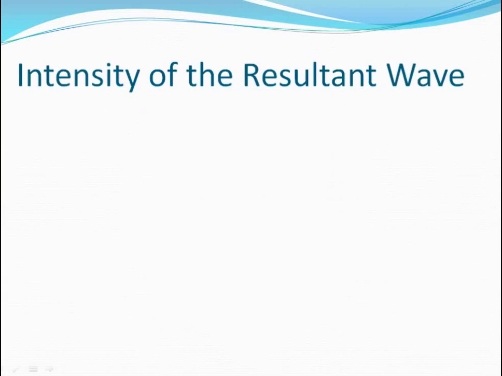Now we've studied the equation of the resultant wave. But what will be the intensity of the resultant wave when two waves with equal frequency and equal wavelength interact? Let us see. We know that intensity is half rho A square omega square v. We've already derived it in the previous chapters.